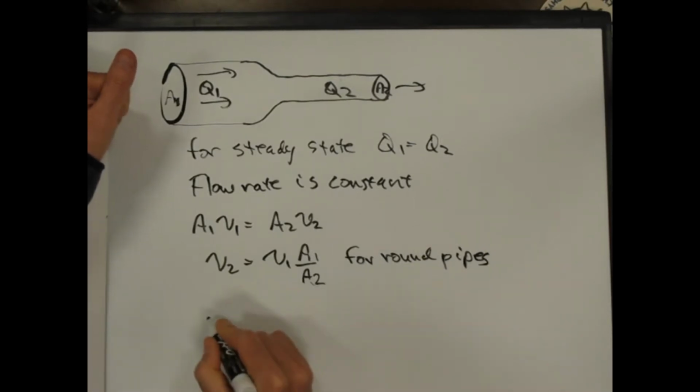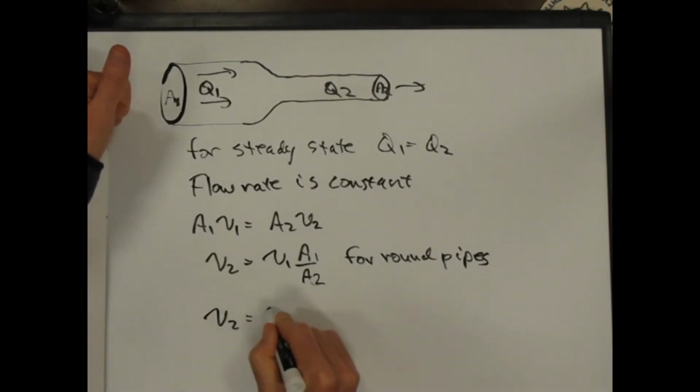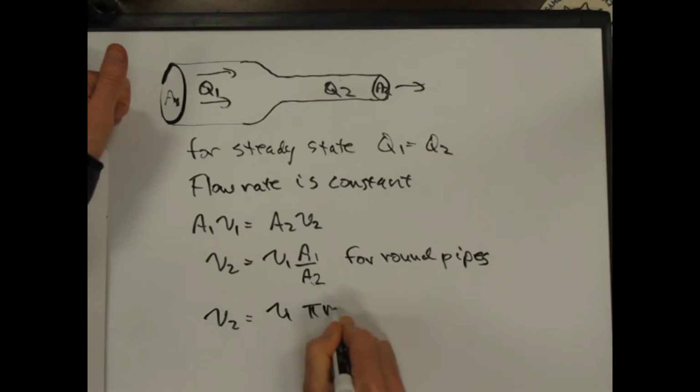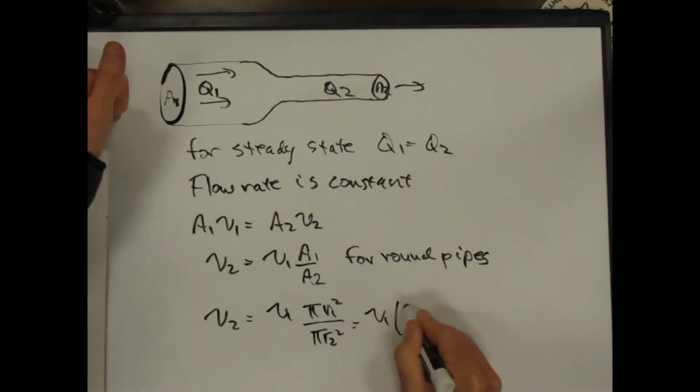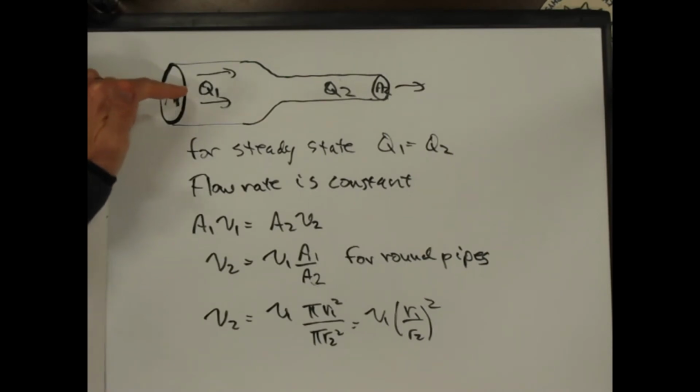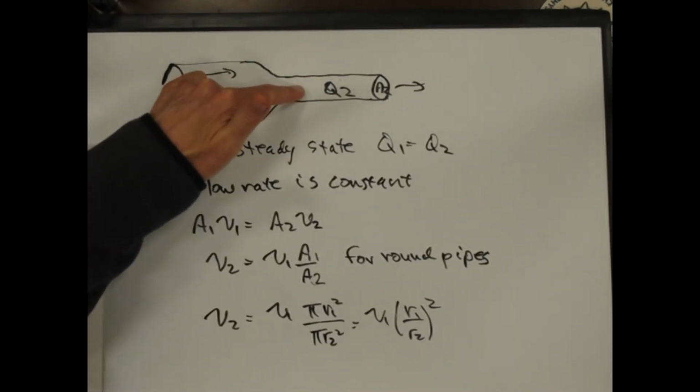For round pipes, and most pipes are round, V2 is equal to V1 times pi R1 squared over pi R2 squared, which is V1 times (R1 over R2) squared. So if this pipe has twice the diameter of this pipe, the velocity here is 4 times greater, right?